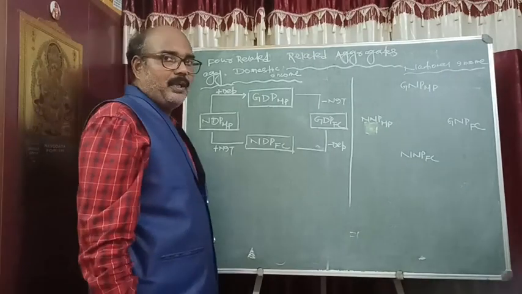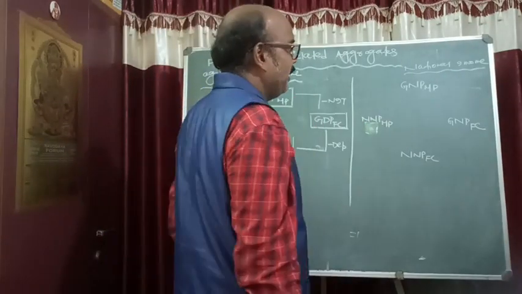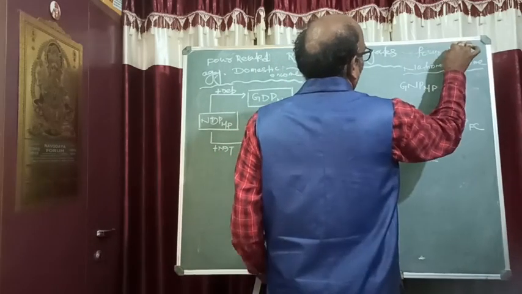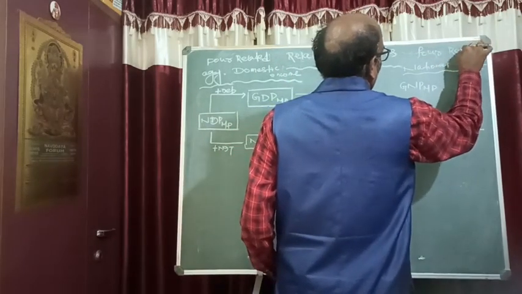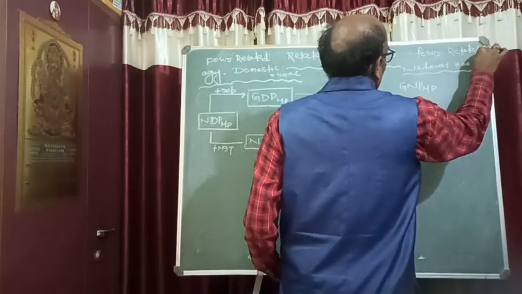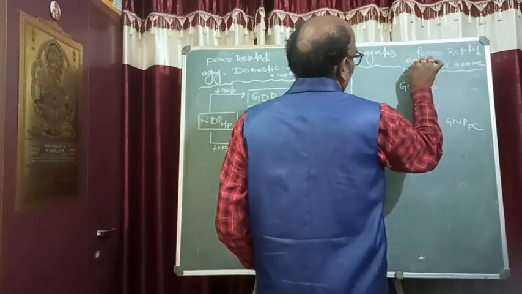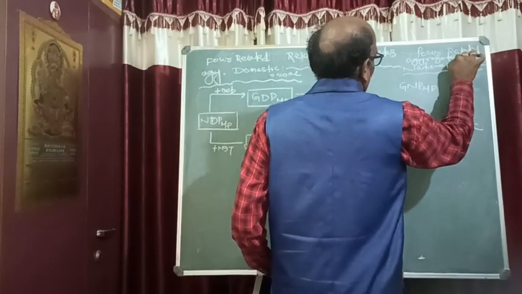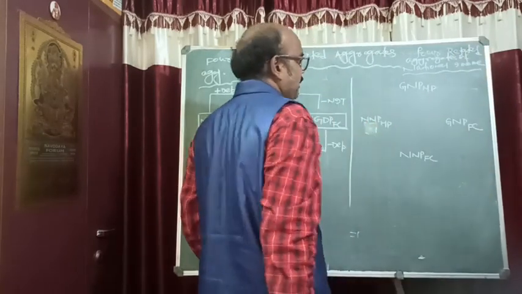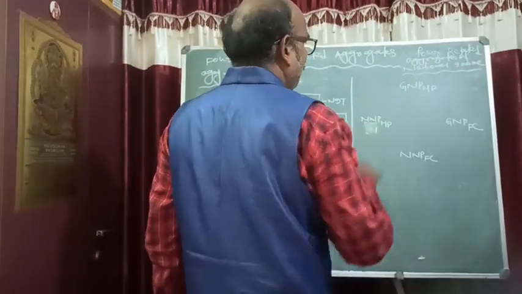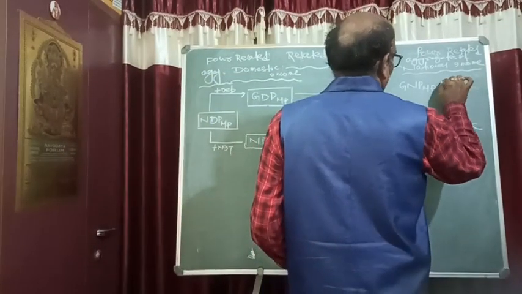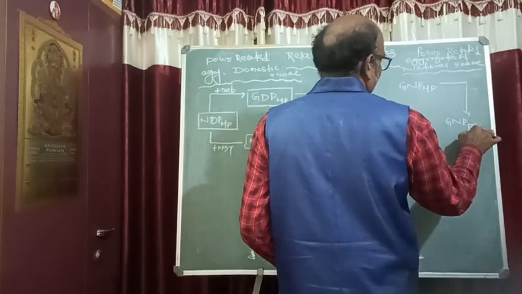Okay. Similarly, now come to the four related aggregates of national income. So it is GNP-MP, gross national product at market price, and it is GNP-FC.